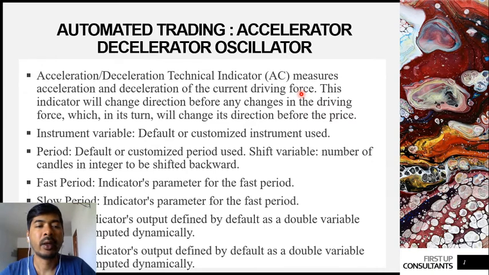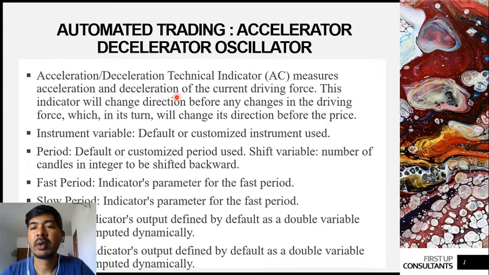If the instrument is in a bullish trajectory, then the indicator will try to see if the momentum is rising or if the instrument is losing momentum. If it is losing momentum, it will show as a deceleration, whereas if the momentum is picking up, it will show up as acceleration.